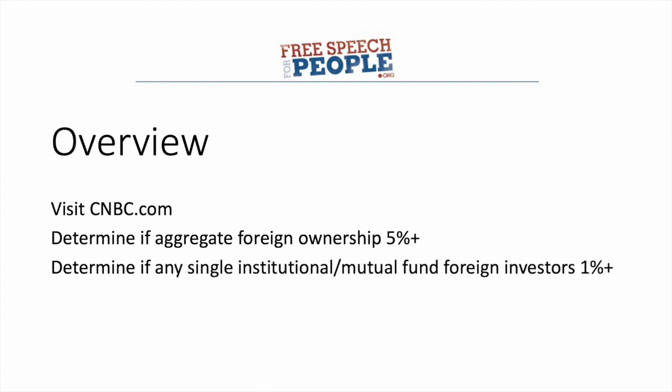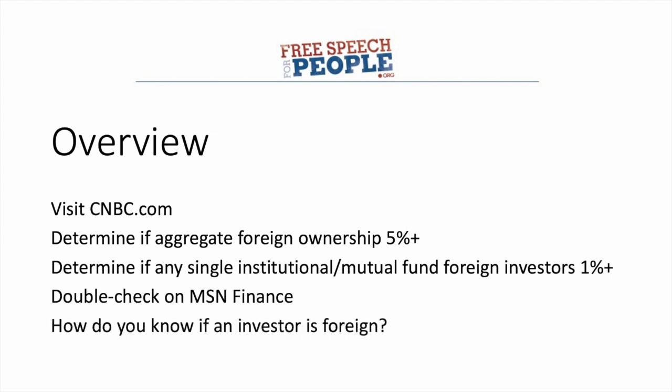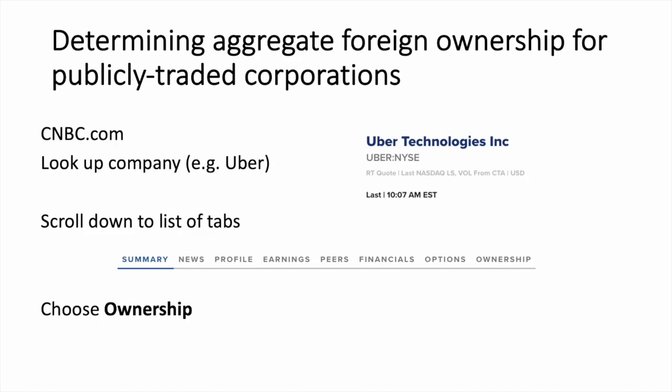Then we're going to look at the list of top institutional and mutual fund foreign investors to see if any of them hold 1% or more. We're going to double check on the MSN Finance or MSN Money website, which has some additional information. And then we'll talk about how you can know if an investor is foreign. And finally, I'll talk briefly about privately held companies.